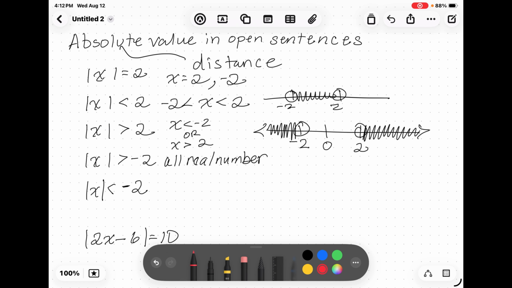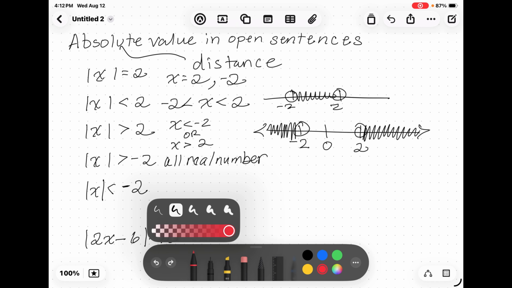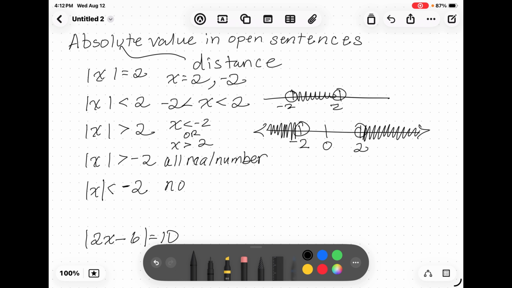So think about values of x here. If I plug in a 0, is that less than -2? No, 0 is more than -2. And in fact, there's no value of x that I can plug in here that will give me an output that is less than -2, because the outputs will always be 0 or positive, no matter what I put in for x. So this one, this is no solution.